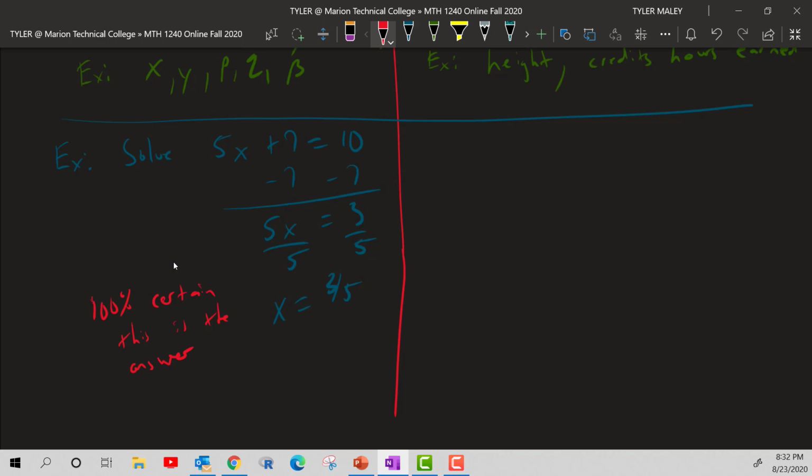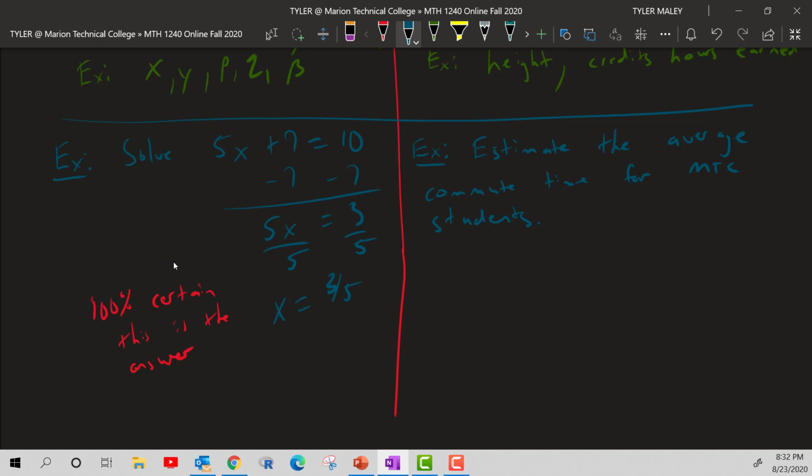Right. So an example problem in statistics, though, might be we want to estimate the average commute time for MTC students. Right?